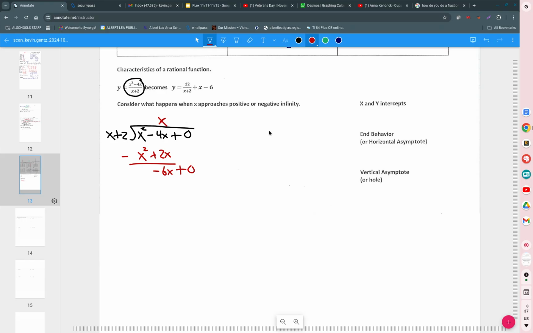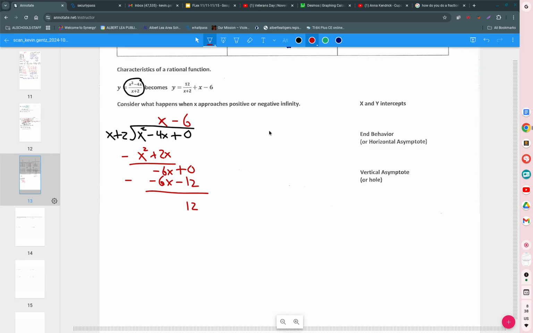What do you multiply x by to get negative 6x? Negative 6. So we put the negative 6. We multiply that back through and we get a negative 6x and we get a minus 12. We subtract, and 0 minus negative 12, positive 12.